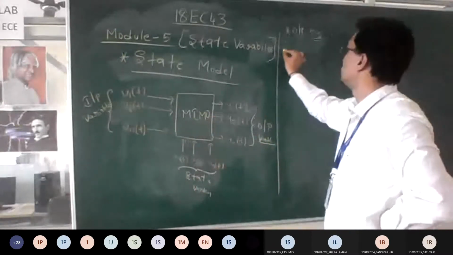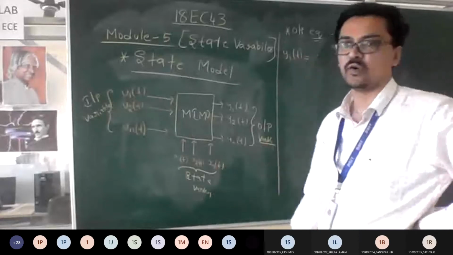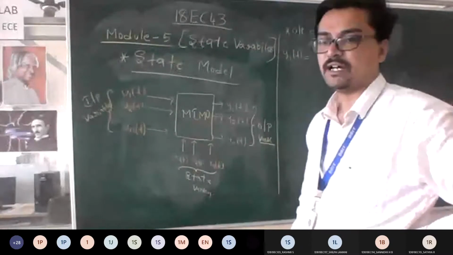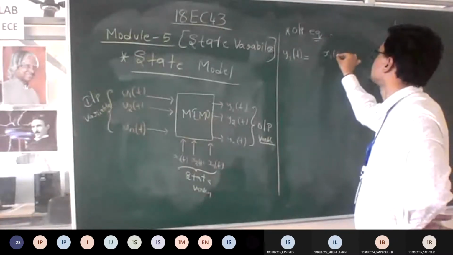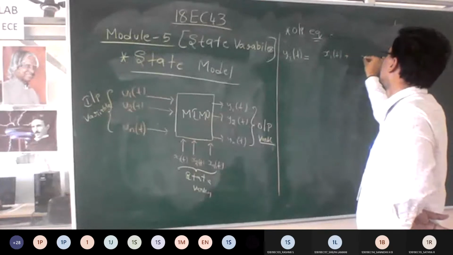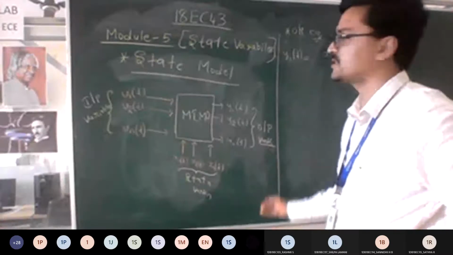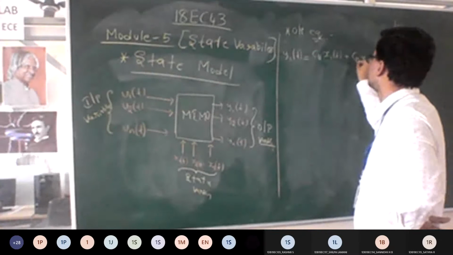So we want y1 of t, similarly y2 of t. Looking at y1 of t, I am going to take x1 of t plus x2 of t as state variables. For these you multiply with some coefficients, c11, c12.